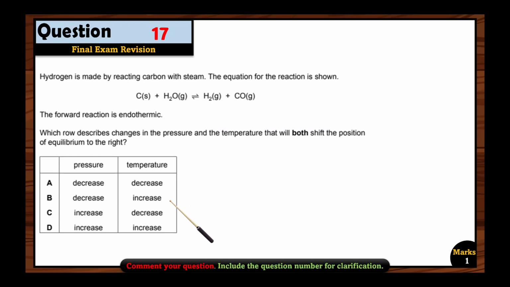Question 17. Hydrogen is made by reacting carbon with steam. The equation for the reaction is shown. The reaction is endothermic. Okay, so if the forward reaction is endothermic, it means high temperature will favor it. Which row describes the changes in pressure and temperature that will both shift the position of the equilibrium to the right? To the right means we want the reaction to go in the forward direction. So again, if it's endothermic, we have to increase the temperature. Second, for pressure, we have 2 moles of gas here, 1 and 2, and here we have 1 mole of gas.